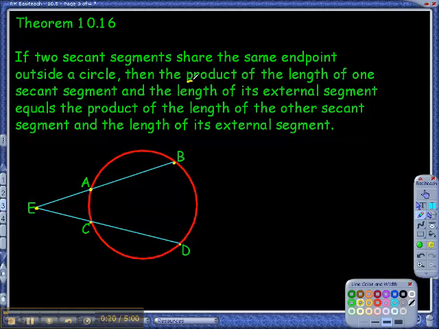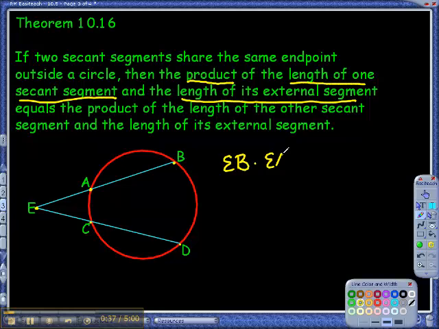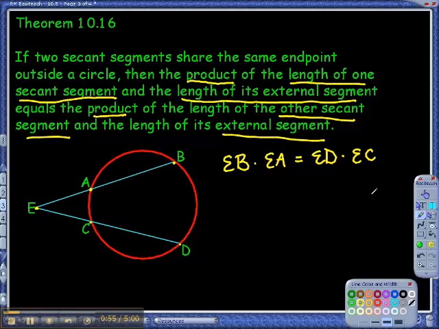When this happens, the product of the length of one secant segment and the length of its external segment, so the length of one secant segment, EB, and the product of that and its external segment, EA, equals the product, so again we're going to be multiplying the length of the other secant segment and the length of its external segment. So the product in this case of ED, that whole secant segment, and its external segment, EC.